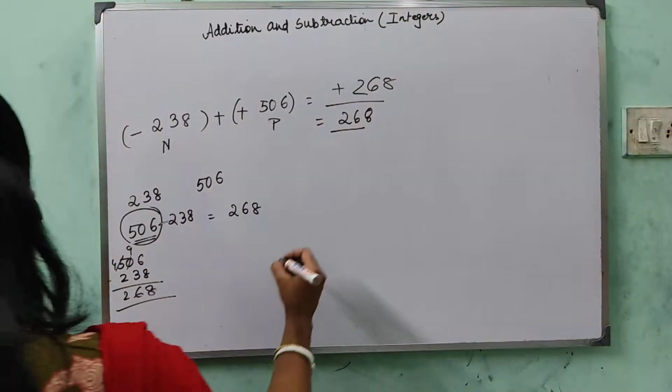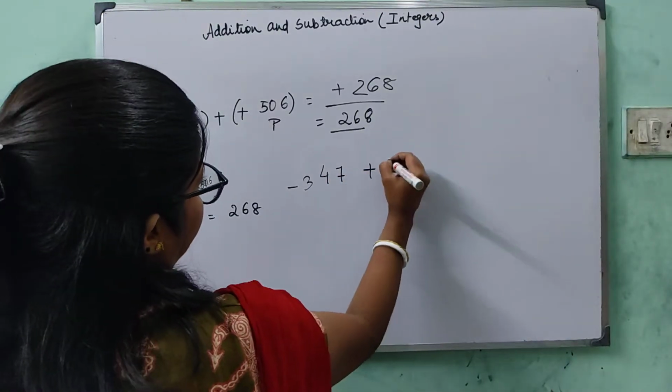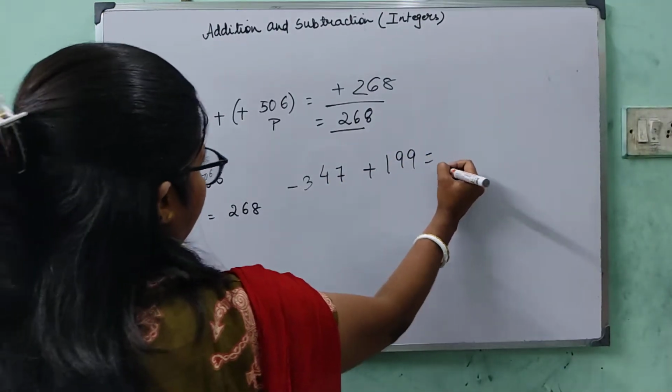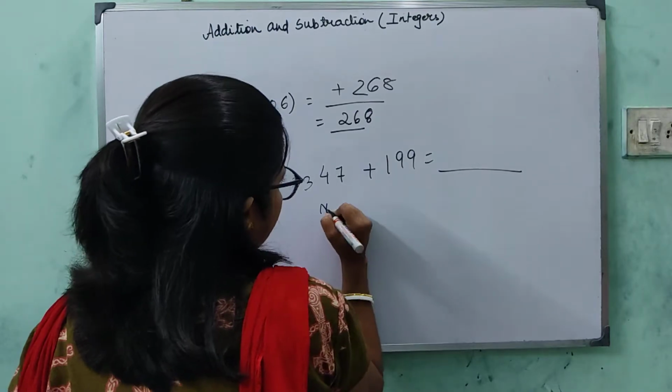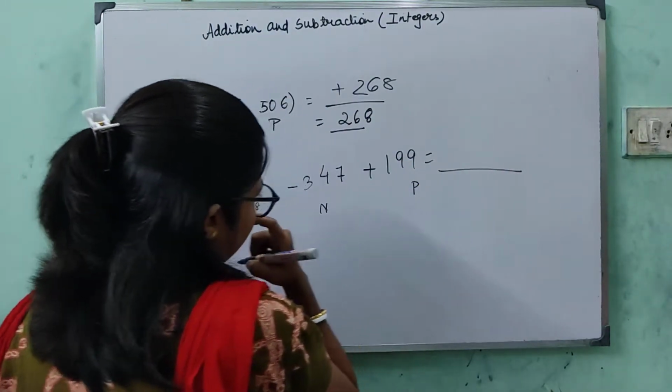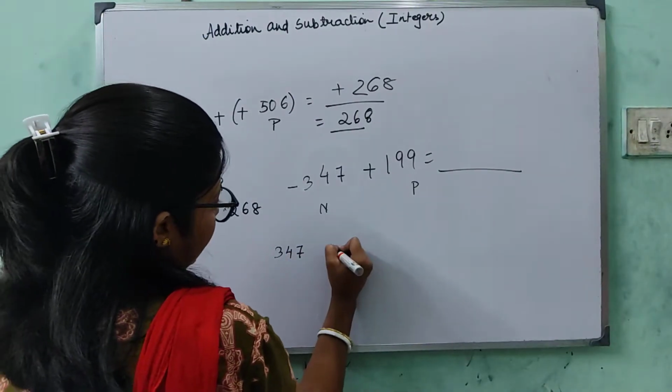Similarly, you can see minus 347 and plus 199. What about this? Minus 347 and plus 199. So what are we going to do over here? This is a negative number I can see, and 199 is a positive number. So you take them out, 347 and 199.